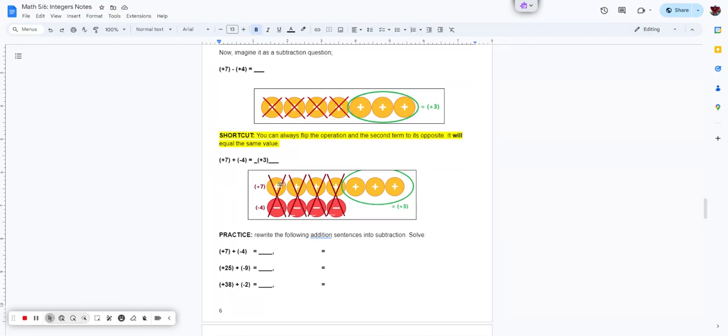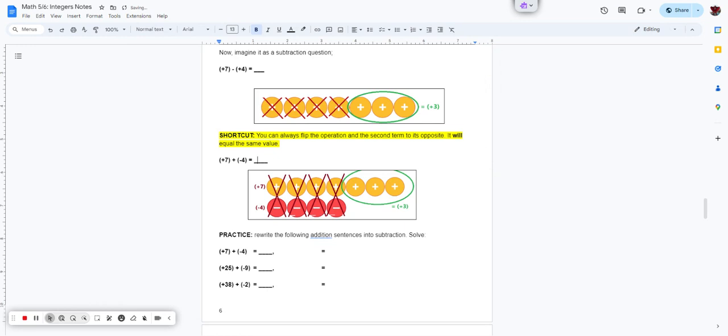We drew out all the integer chips, 7 positive, 4 negative. We saw that we have 4 zero pairs, and they, of course, cancel each other off. And what are we left over with? $3. So there you have it. Subtracting a positive is the same as adding a negative. Same exact thing. It works the same.